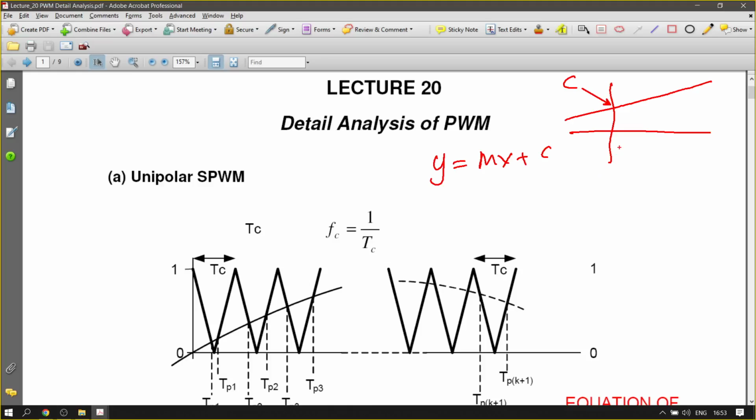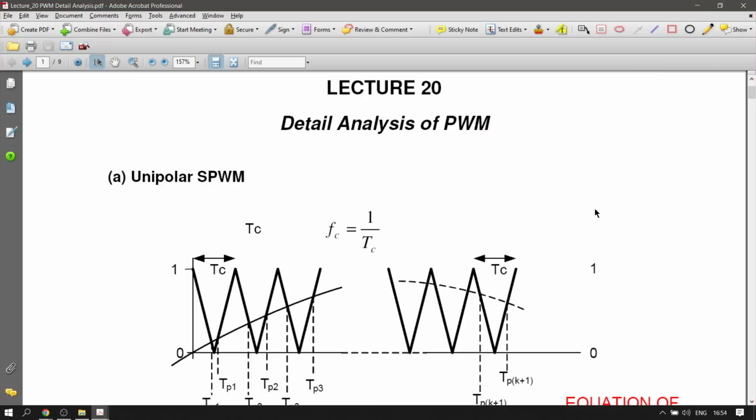The y-axis crossing point, and if you know the m, the slope of that line, then we can create the equation, isn't it? Y equals to mx plus c. For example, y equals to half x plus 2, for example. Great. Okay, so that's what we need.